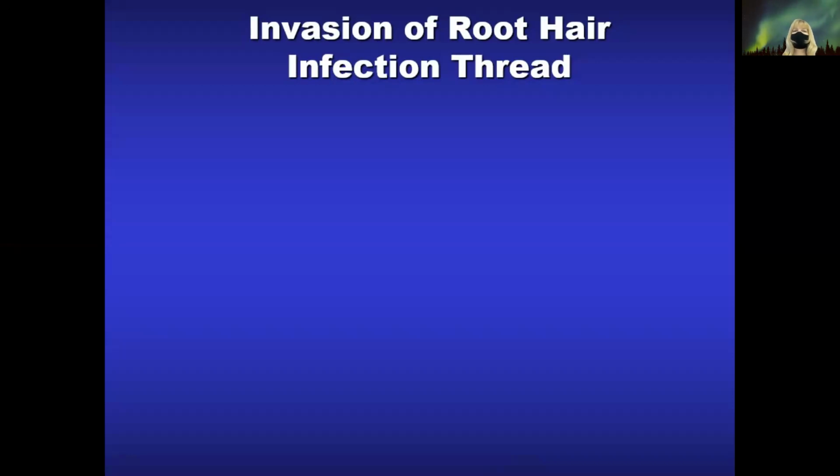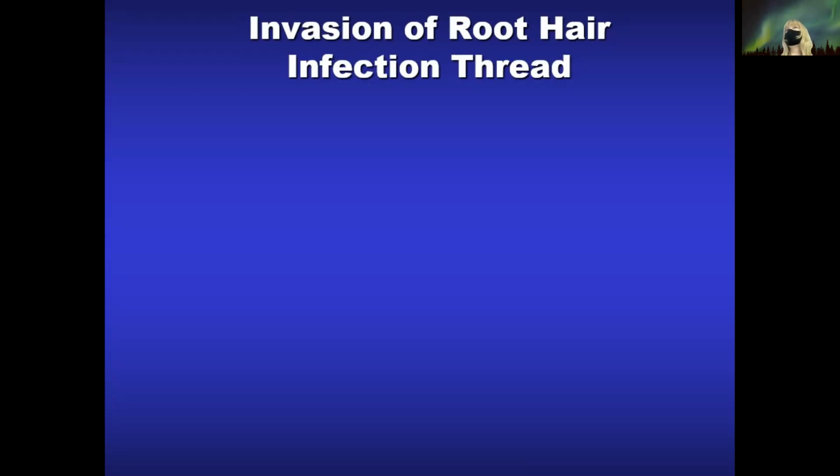So the infection thread, what the heck is that? Basically the bacteria need to get into the root tissue, and the easiest and most common way for them to do that is through the root hairs. Most of the time, root hairs are long and slender.